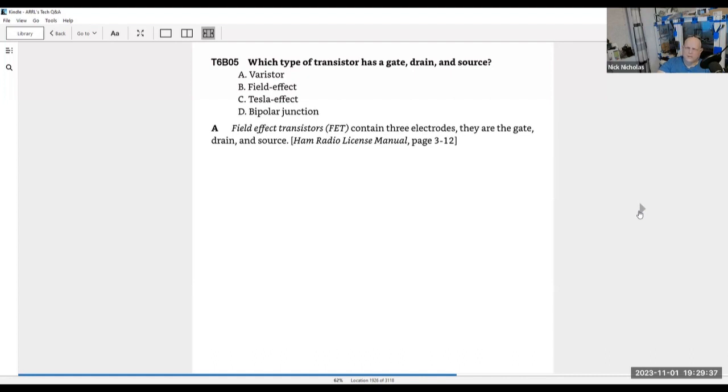Whatever it is, the letters FET stand for field effect transistor, and they have a gate, a drain, and a source. Current travels through the field effect transistor from the source to the drain, controlled by the gate. It's pretty easy to visualize that.